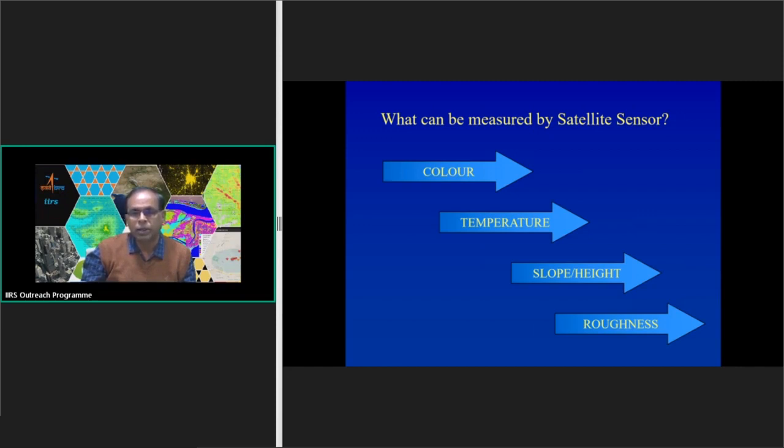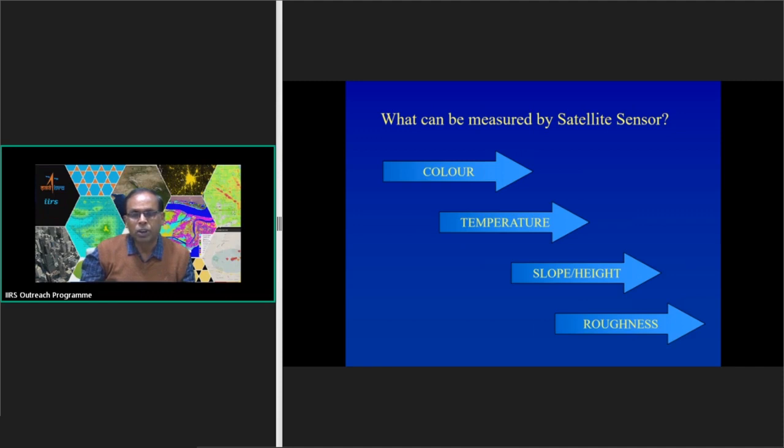Just like color tells you about whether it is a vegetation, or coming to oceanographic use, whether the color of the water is blue or green, etc. Temperature tells you about the hotness and coldness of the object. Slope and height gives you whether the surface is in tilted shape or not.